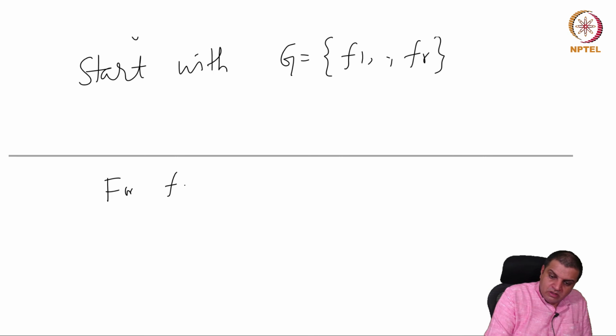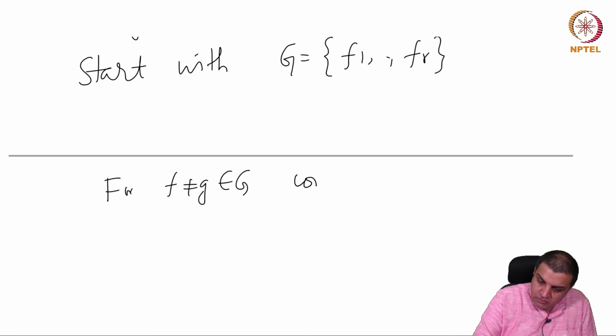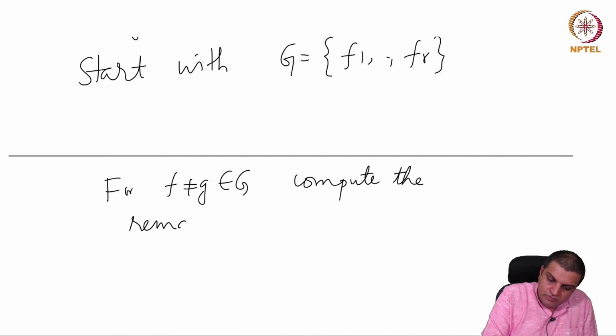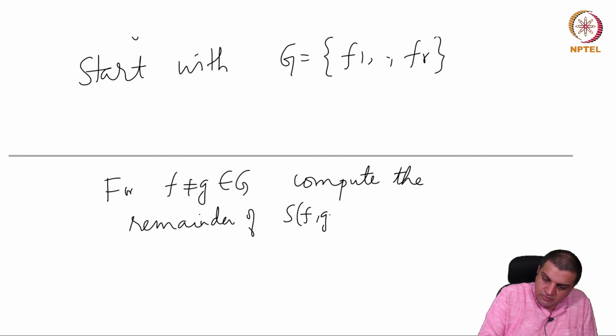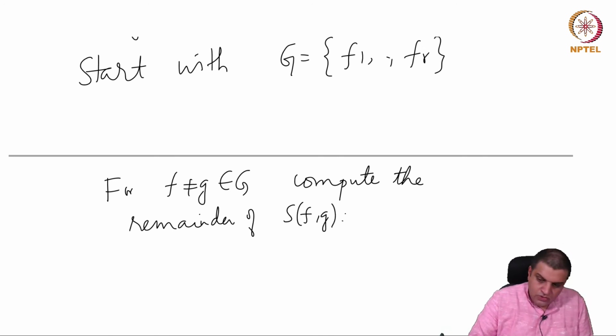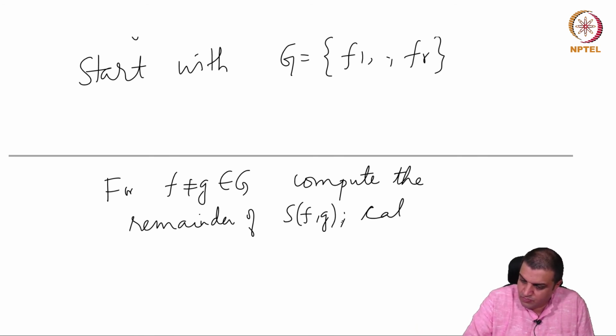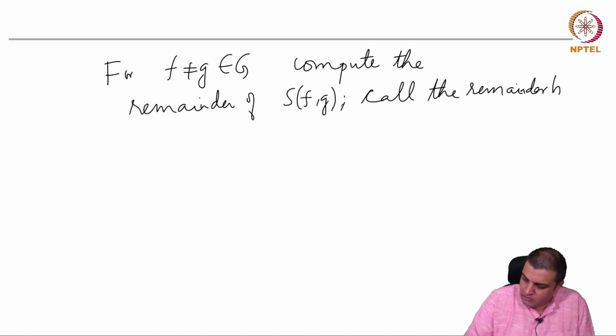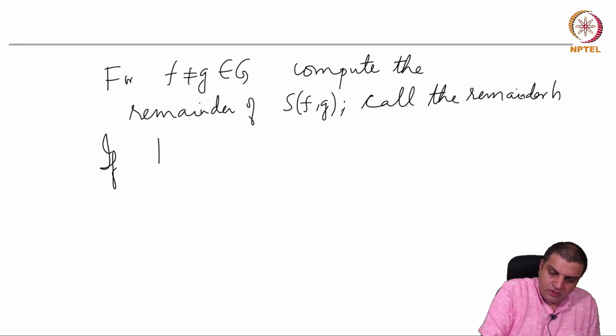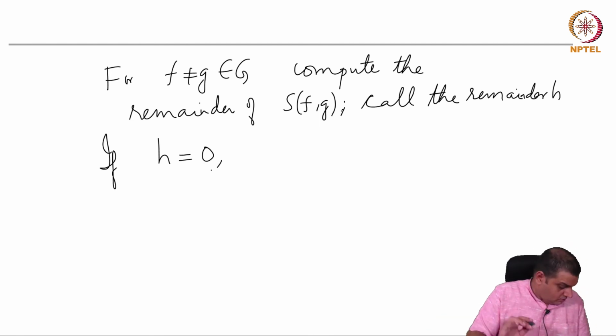For F different from G, both inside G, compute the remainder of S(F, G), and call the remainder H. If H is 0, nothing to be done this step.